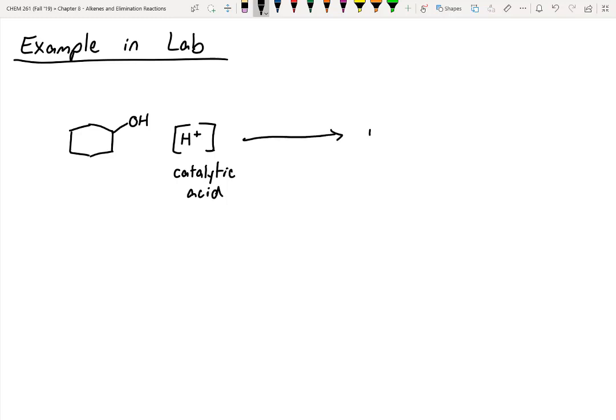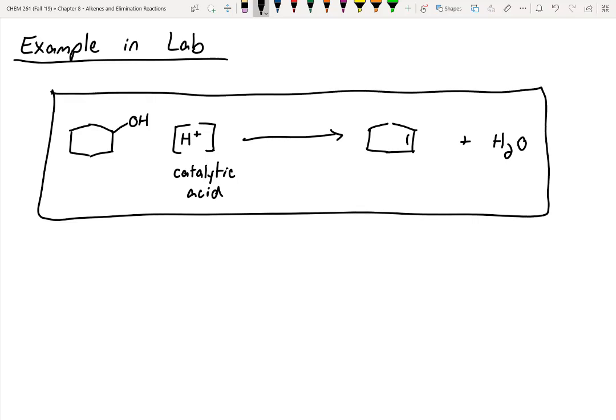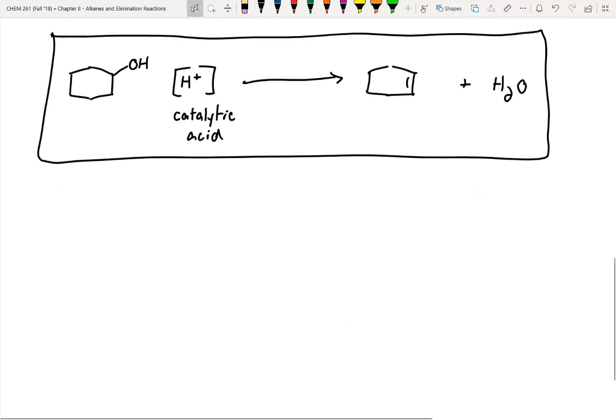The product of this reaction is going to be an alkene, so we know this is going to be an elimination reaction. Our byproduct is going to be water. This is our net reaction. What happens to the catalyst during this reaction? Nothing. It's going to be regenerated at the very end.